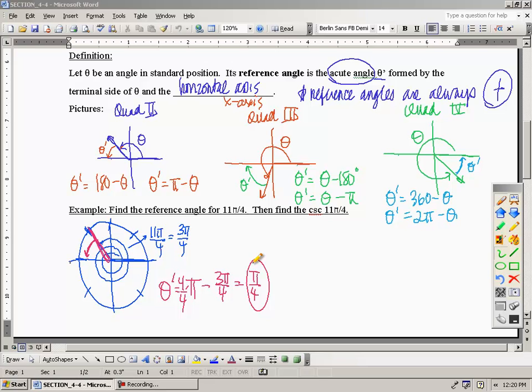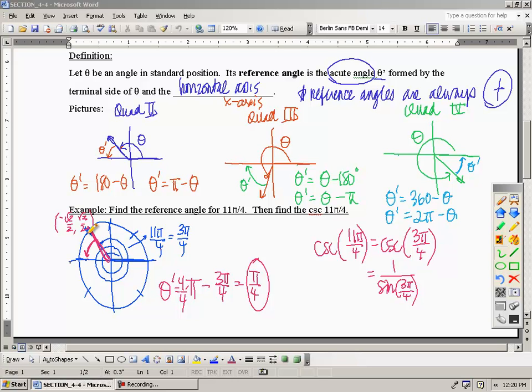We also ask you for the cosecant of 11 pi over 4, which really we're asking you what's the cosecant at 3 pi over 4. Well, cosecant is the reciprocal of a sine. So the sine right here, it's pi over 4, so it's positive square root of 2 over 2.